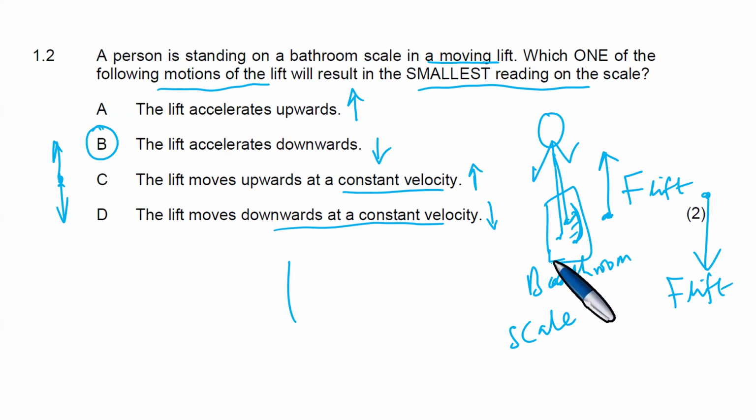There is a decrease in the force of compression between the bathroom scale and the feet of this person, and as a consequence, that would give the smallest reading on the scale.